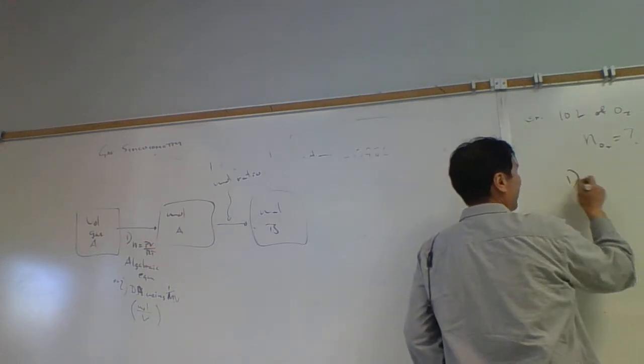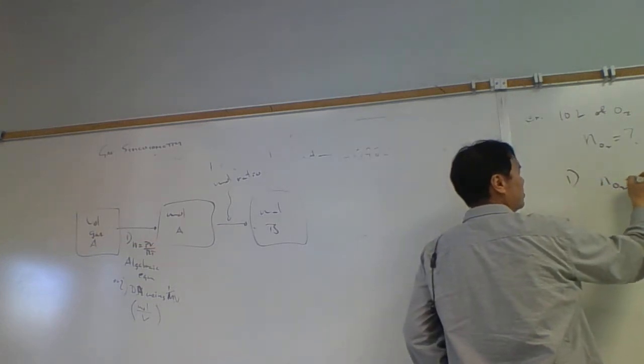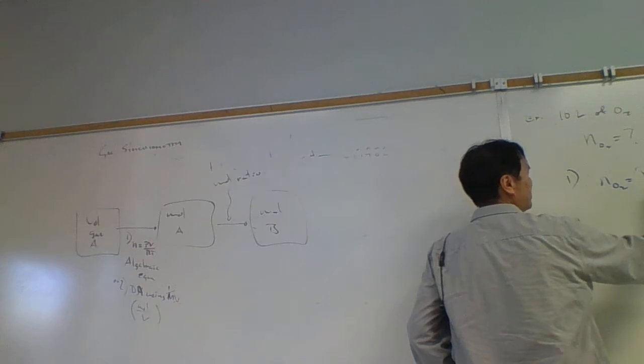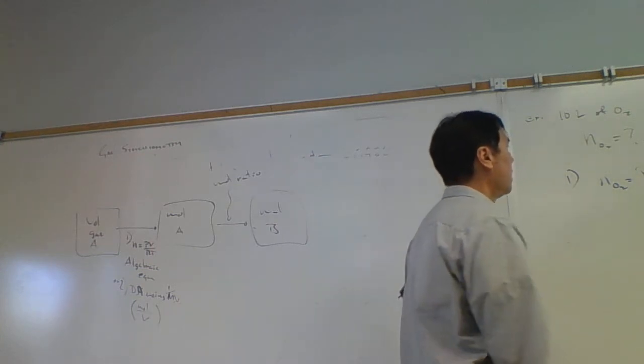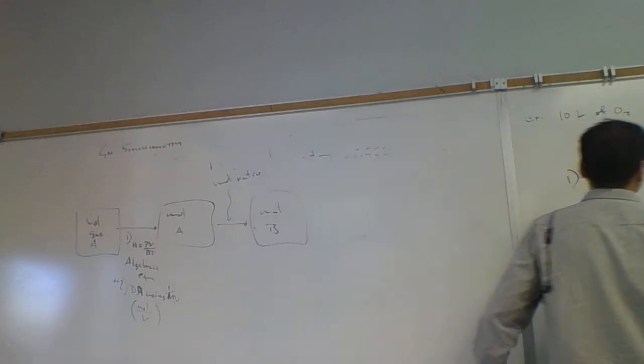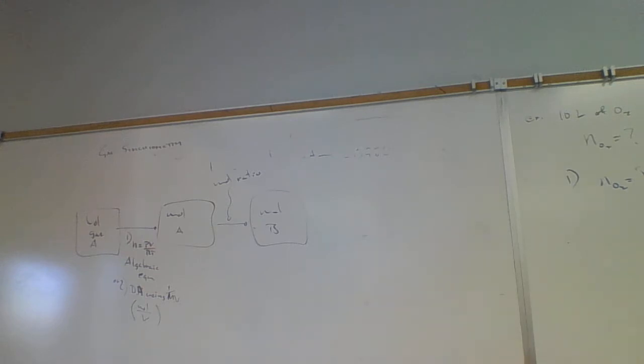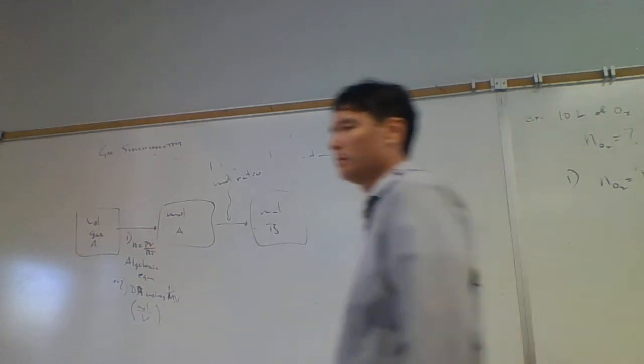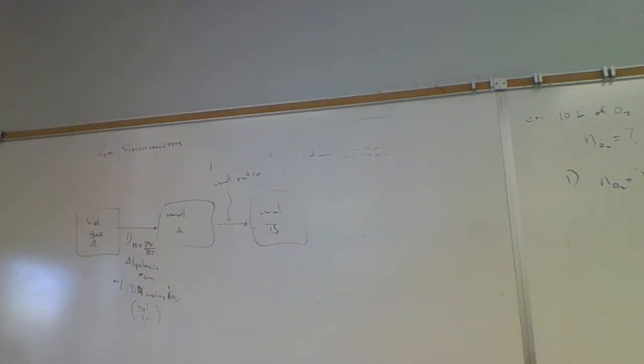One way of figuring that out is this: moles of O2 is equal to PV over RT. So what do I need to figure out? I need the pressure. So let's go with the pressure. Let's use, what pressure should we use? Let me see what pressure is common here.